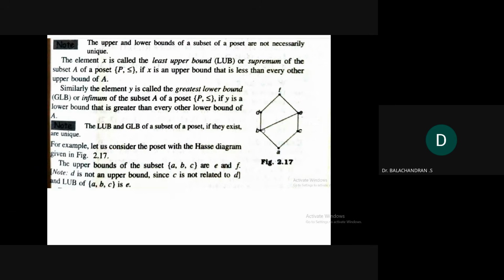B. So the greatest lower bound of D and E is B.